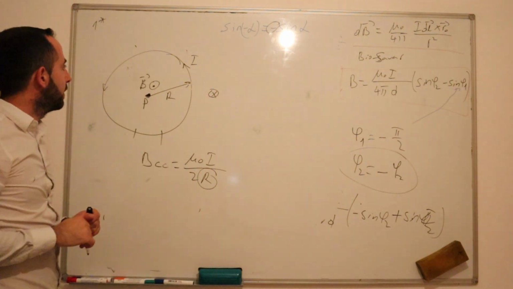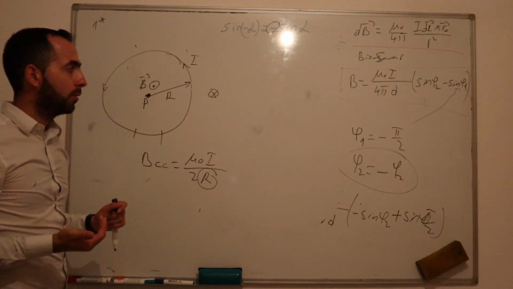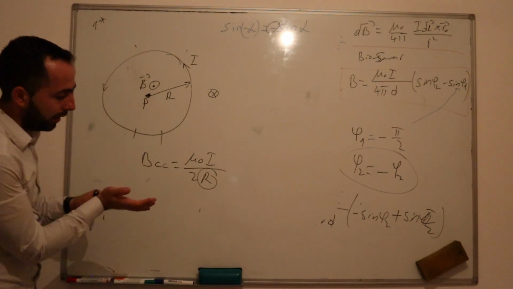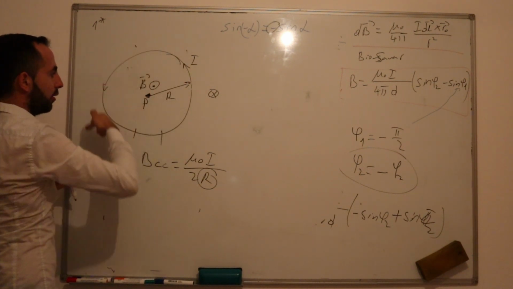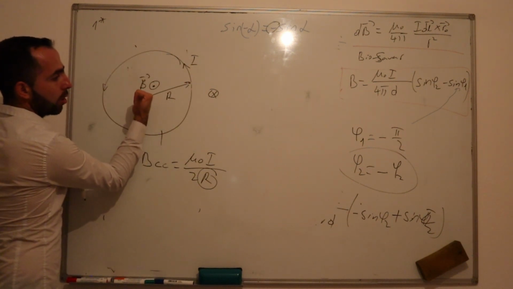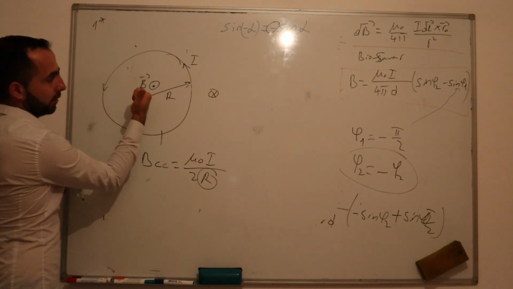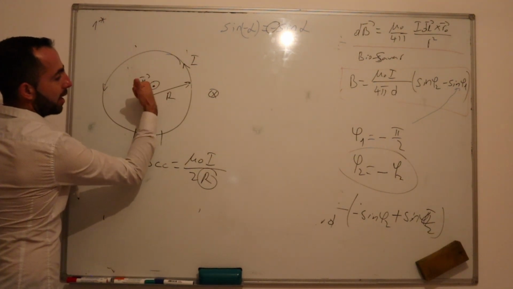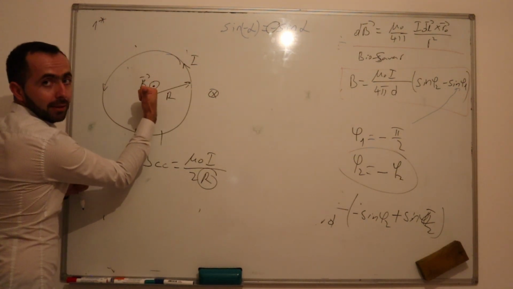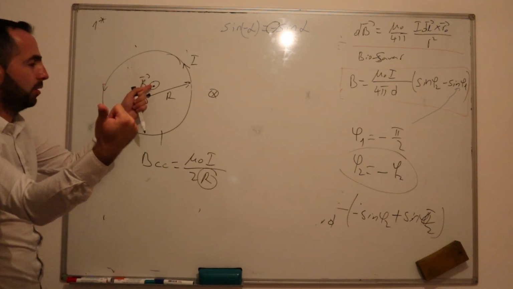The other way to determine this is with the right hand rule, where we close our fingers, a fist, in the direction of our current, and our thumb says what the direction of the magnetic field is. So in this case, I'm closing in the direction of the current, and my thumb tells us the direction of the magnetic field. It is from the table to you, here inside.